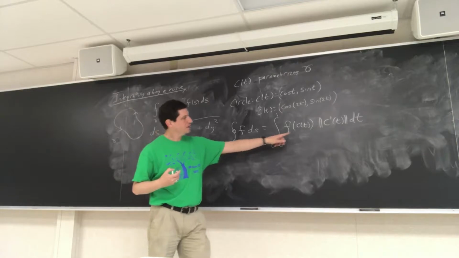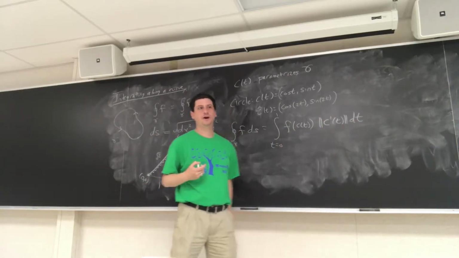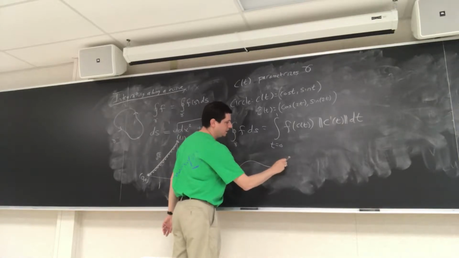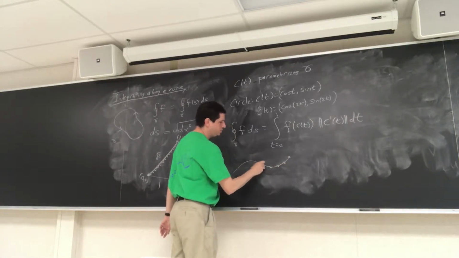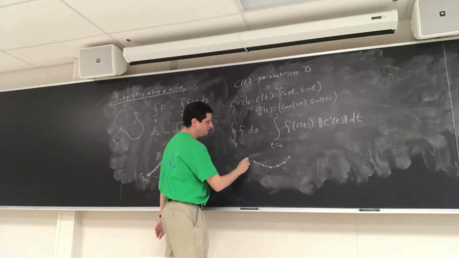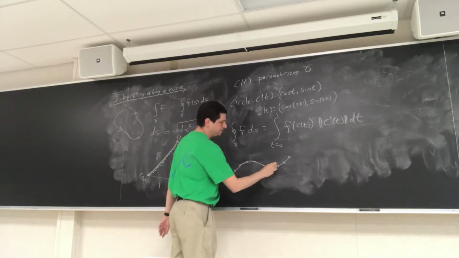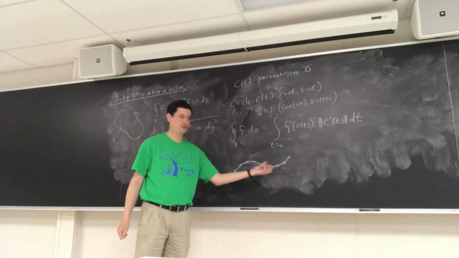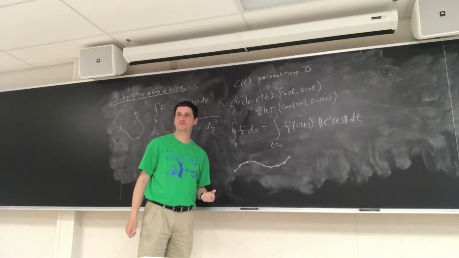Okay, so this is the length of my c prime vector. So if you think about it, I have a curve like this. I choose a bunch of small time increments and see where I am on the curve. I do a polygonal line approximating these. And if I choose a fine enough mesh, this is a really good approximation.